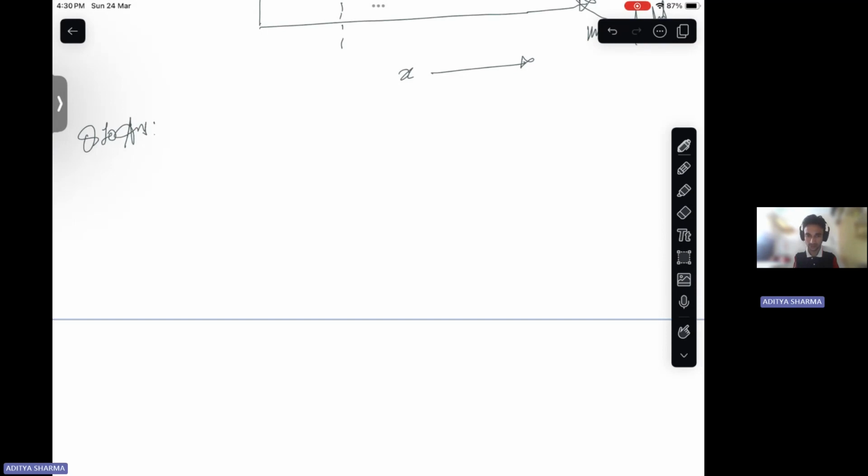So it is something like this. Here we have our reservoir, right? Then there is a nozzle, right? Then there is the test section, right?